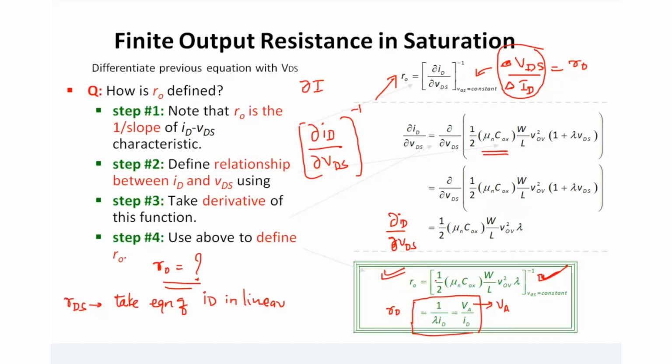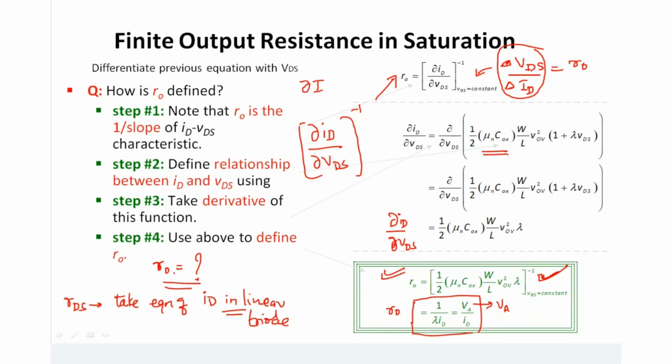There are two resistances observed: in my linear region, or triode region, and in the saturation region. In the triode region, it is the drain to source resistance, and to obtain this RDS, you have to look into the linear region equation. R naught is a small resistance that we observe in the saturation region beyond a particular value of VDS.